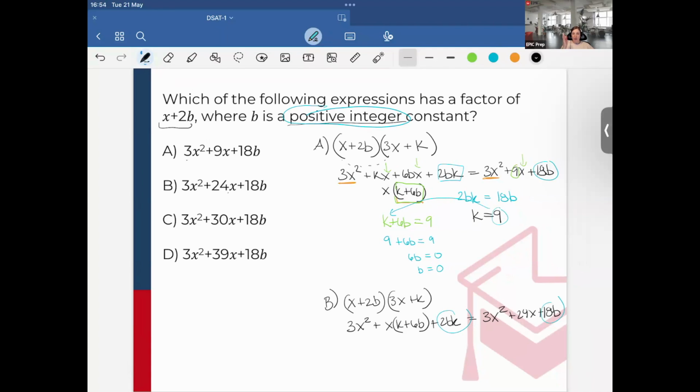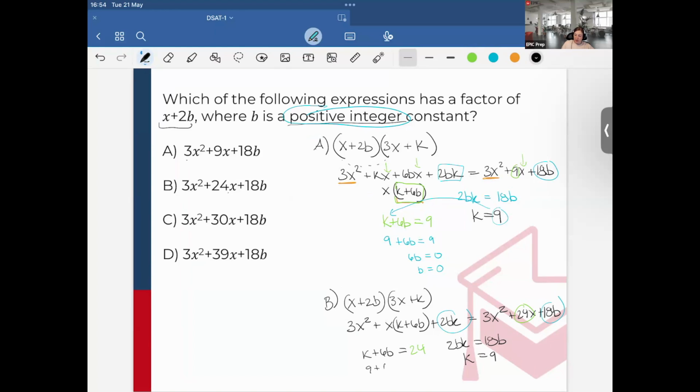This is going to be true in all the answer choices that I'm testing. So 2bk equals 18b. Again, k will be equal to 9. And then here, I have my k plus 6b will be equal to, in this one, 24. And then I just need to solve again.